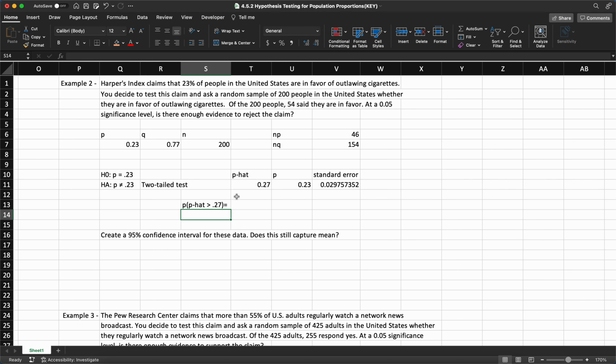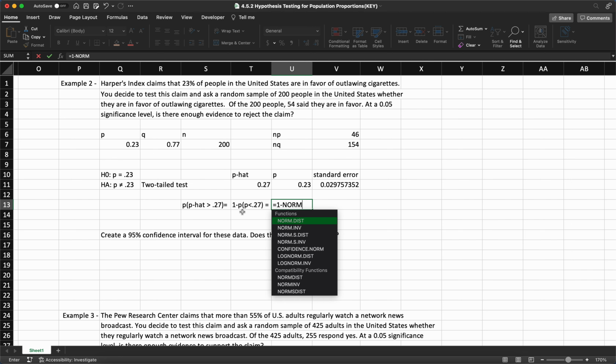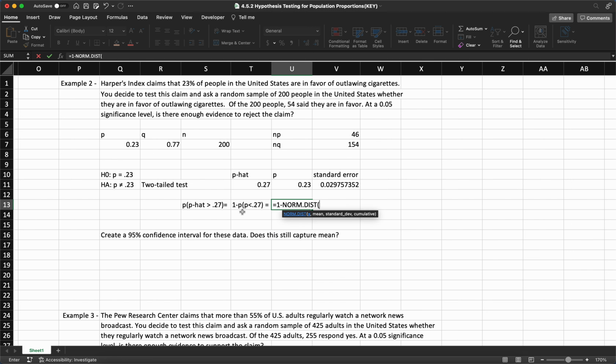Now, if I'm finding the probability that p hat is greater than 0.27, I need to do 1 minus the probability that p hat would be less than 0.27. Because of the way that the norm.dist function calculates probabilities, it's always going to do less than the value. So if I want greater than the value, I want to do 1 minus that. So I'm going to do 1 minus norm.dist.